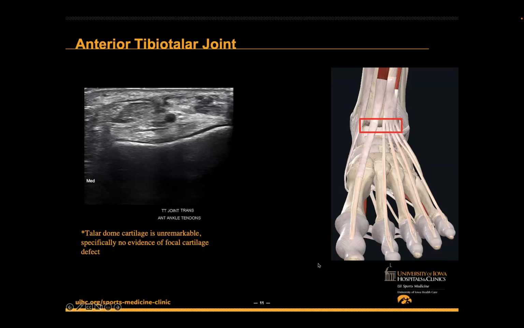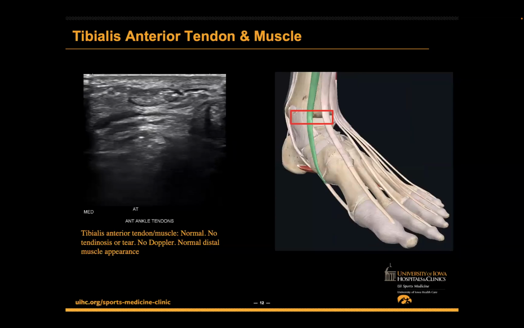After looking and fully evaluating the anterior tibio-talar joint, then we'll move into the anterior ankle tendons. And I'll typically scan these working from medial out to lateral. So the first tendon that we will encounter are the tibialis anterior tendon and muscle.